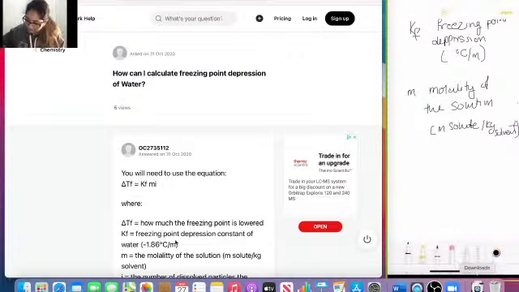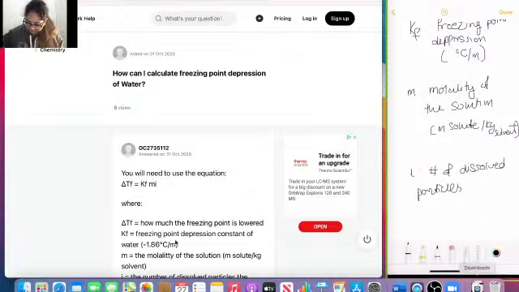Then you have this I factor. This is basically the number of dissolved particles, and this doesn't really have any units.